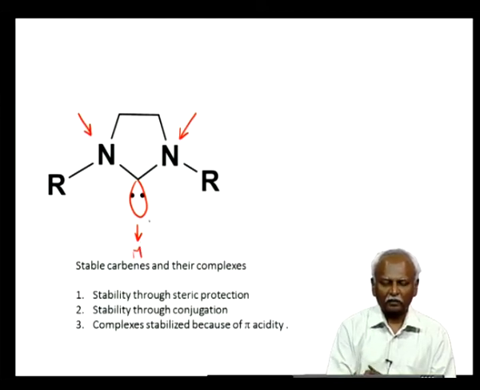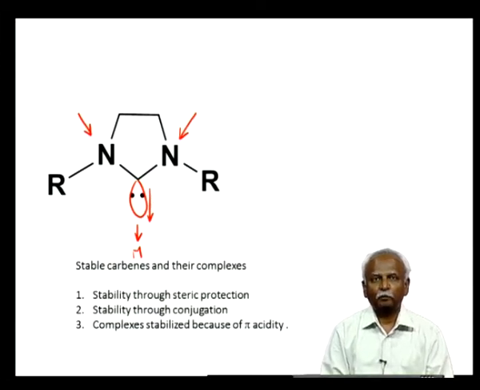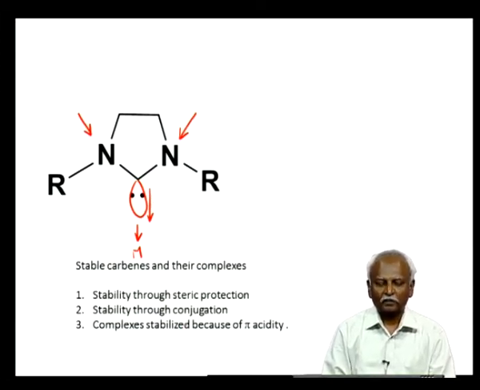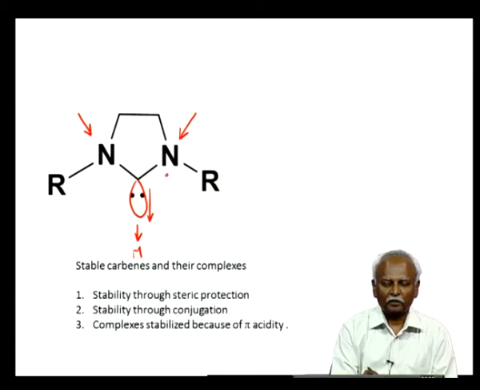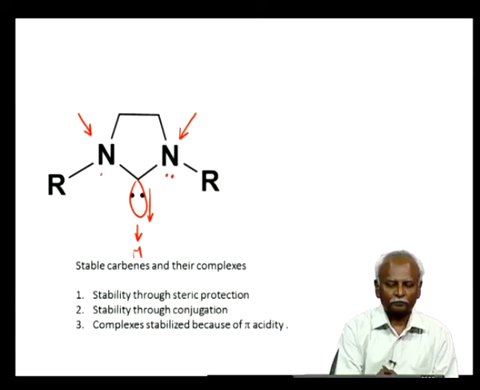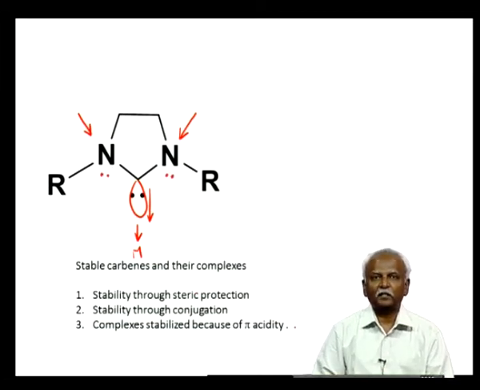And perpendicular to the plane in which this lone pair is positioned, there is a vacant p orbital which is in resonance with the lone pairs on the two nitrogens. So, this is the factor which stabilizes the carbene carbon.